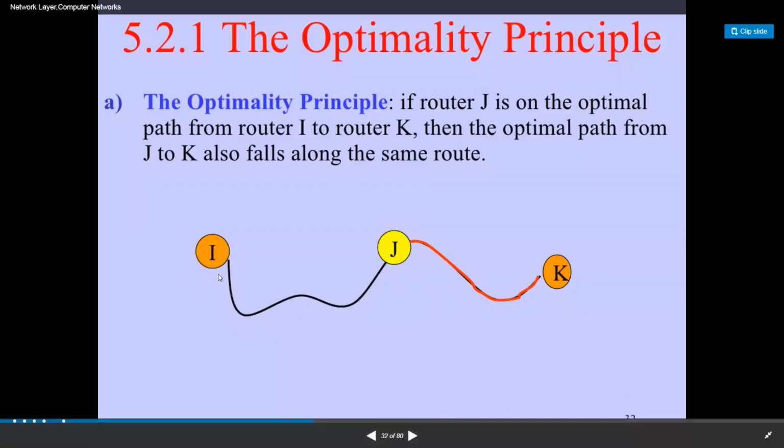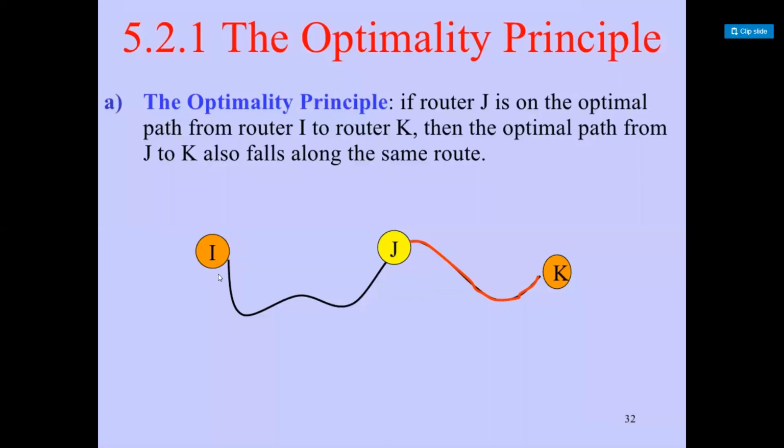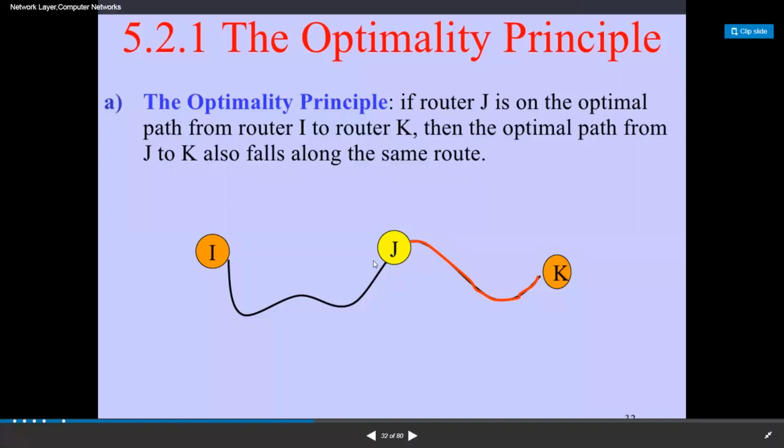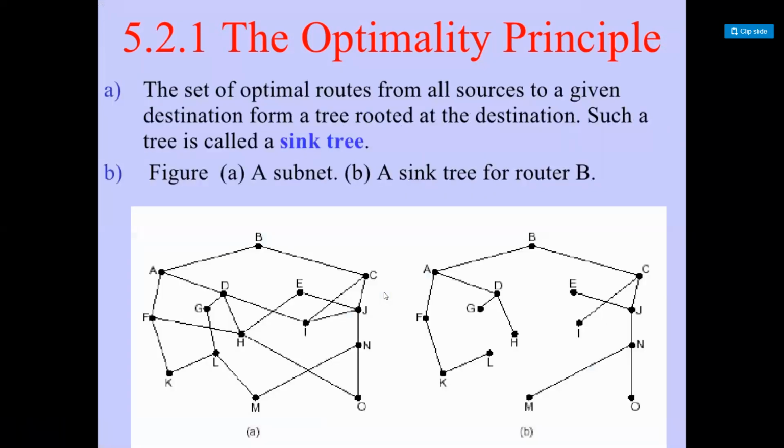I'm saying once again, if we have three routers and the router J is on the optimal path from I to K, then the optimal path from J to K also falls along the same route. That means this is also an optimal path. This is the principle of optimality. I will show you this example. See the optimality principle here.